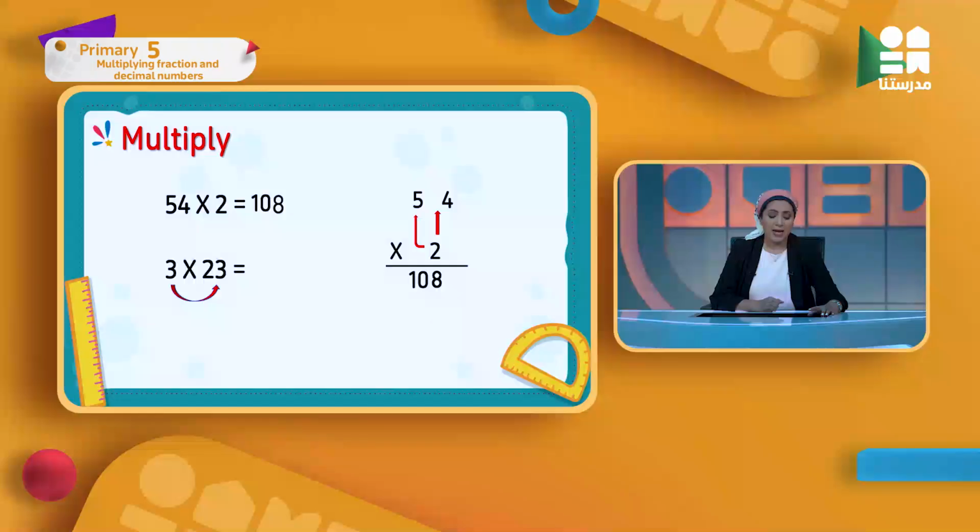So the 23 here, the 3 is the units and the 2 is the tens, and then I start to multiply the 3 by 23. I first multiply the 3 by the units digit here, which is 3. So 3 times 3 is 9. Then the 3 by the 2, which is the tens digit. So it will give me 6. The answer is 69.